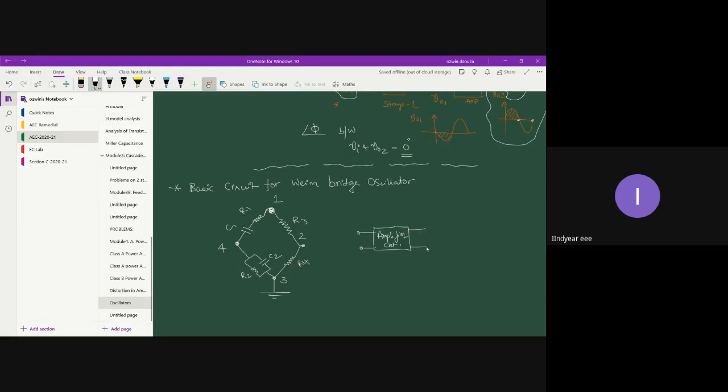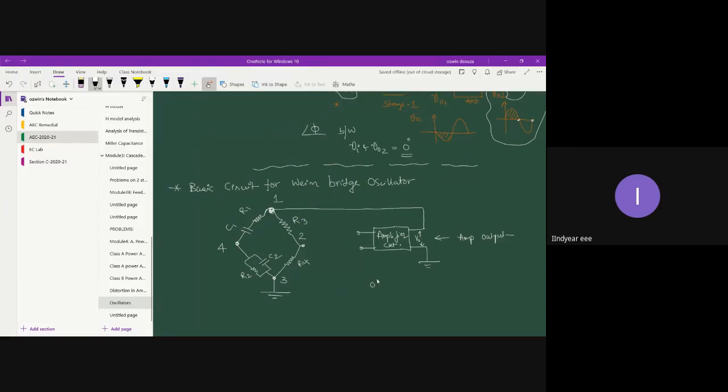One terminal is grounded. So this is your output of the amplifier. Let me write, this is amp output. So the output is connected across node 1 and 3. The output of the amplifier is connected across node 1 and 3.